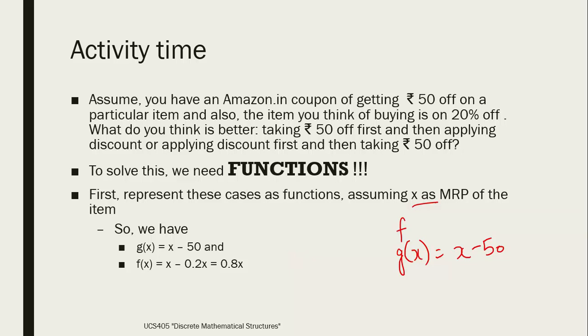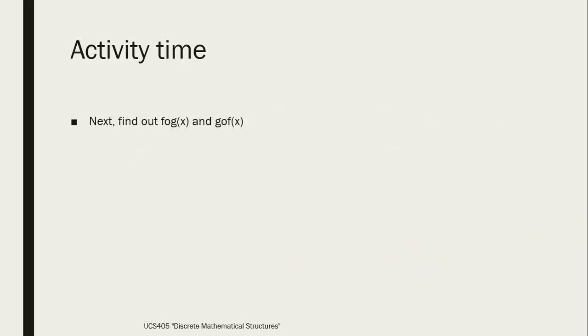Second is 20% off, so f of x is equal to the original MRP minus 20% of MRP, that is 0.8x. On f of x we are applying the 20% discount, and on g of x we are applying the rupees 50 coupon. Now which one is better? For that, we need to find f of g of x and g of f of x.